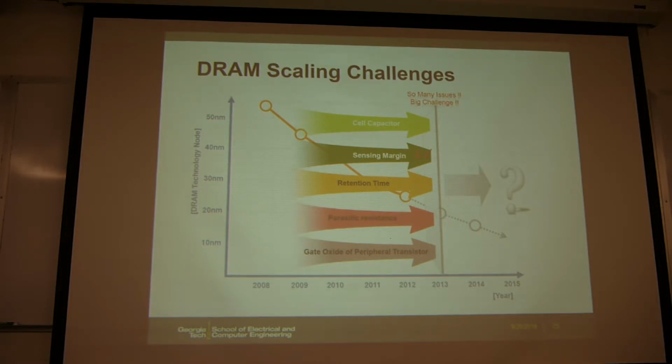Otherwise, you may get too much error when you read out the cell. And then retention time. For DRAM, you need to maintain retention time at least larger than 64 milliseconds for most of the cells. Otherwise, your error rate is too high. Then some others. So all of them will have challenges in scaling.